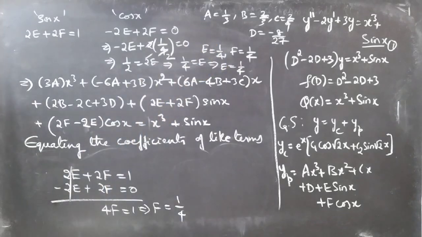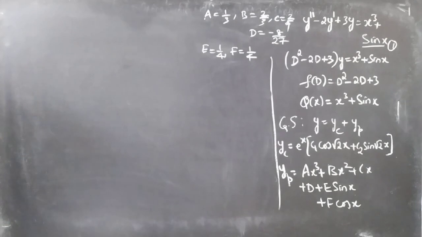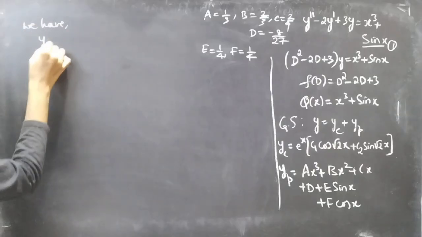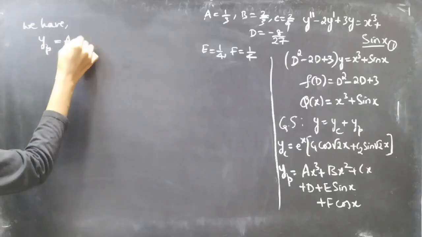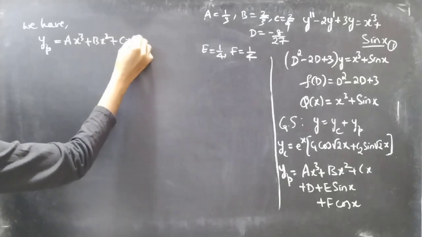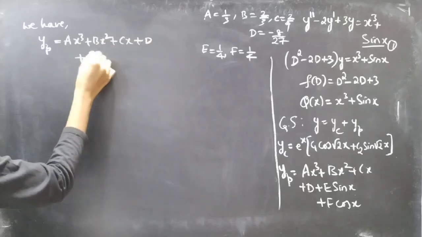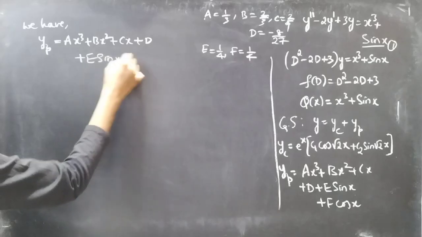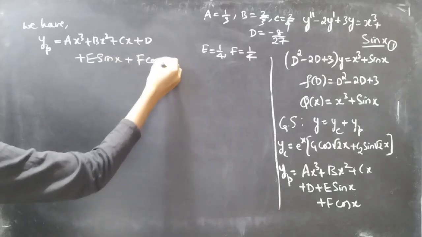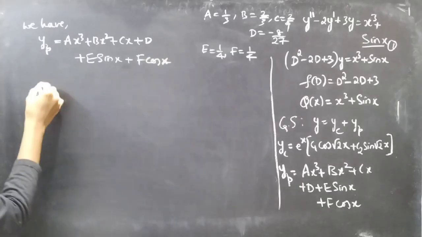Now coming to yp, we have yp equal to ax cube plus bx square plus cx plus d plus e sin x plus f cos x, right? Let's substitute the values of a, b, c, d, e and f.